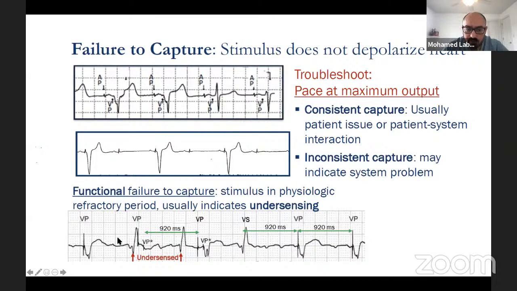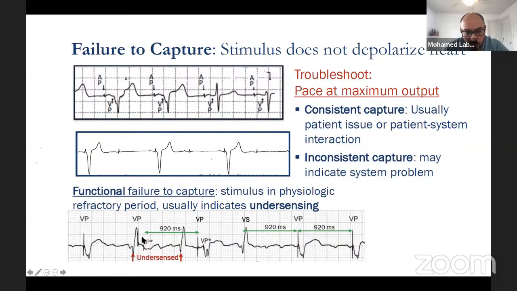What does functional failure to capture mean? Functional failure to capture means that the spike was delivered during the time of the atrium or the ventricle where it's refractory. You won't capture. So this is an example. You have V paced, and then you have a native QRS coming, and you delivered V pacing during repolarization, early repolarization.